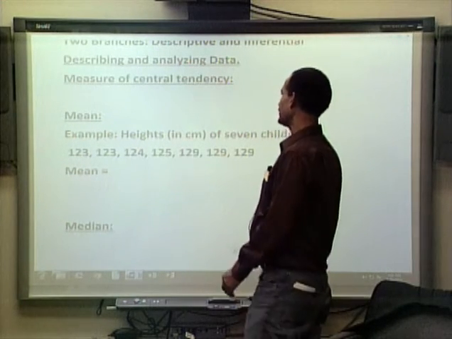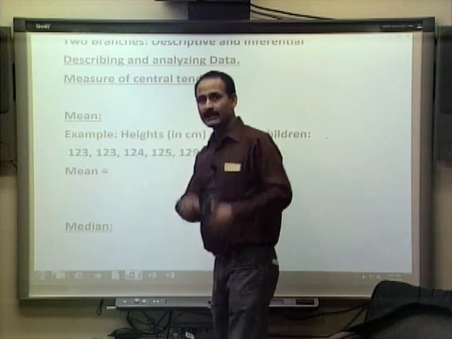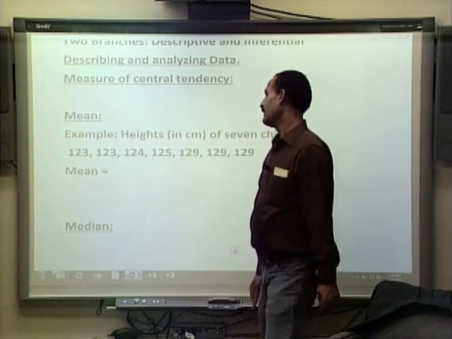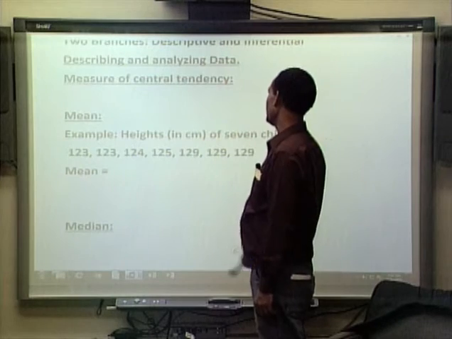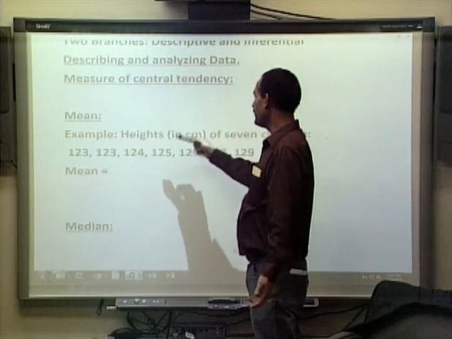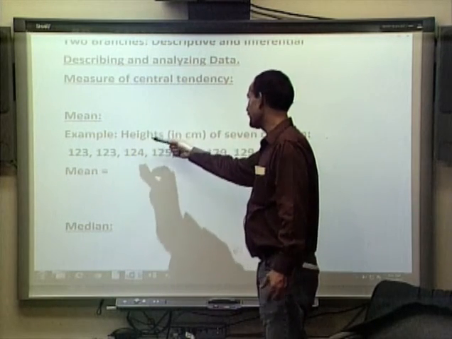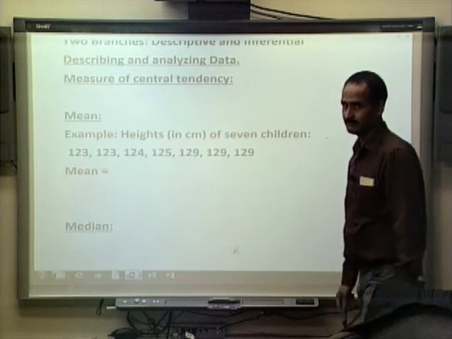So, let us look at the example. Mean is one of the centers of the data. Find the mean of the heights of the 7 children.